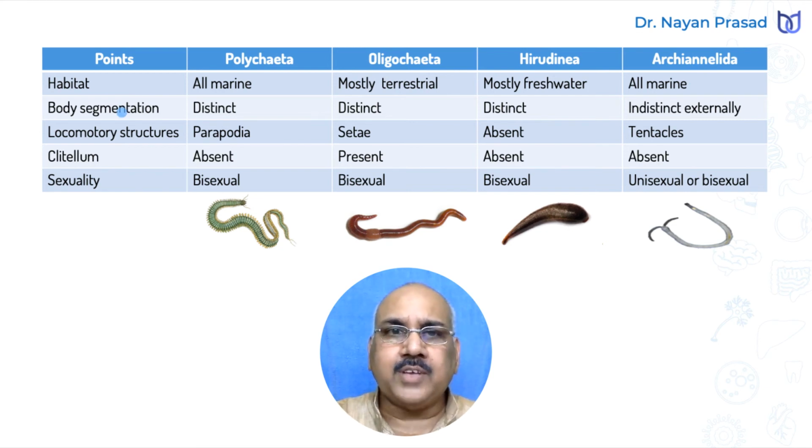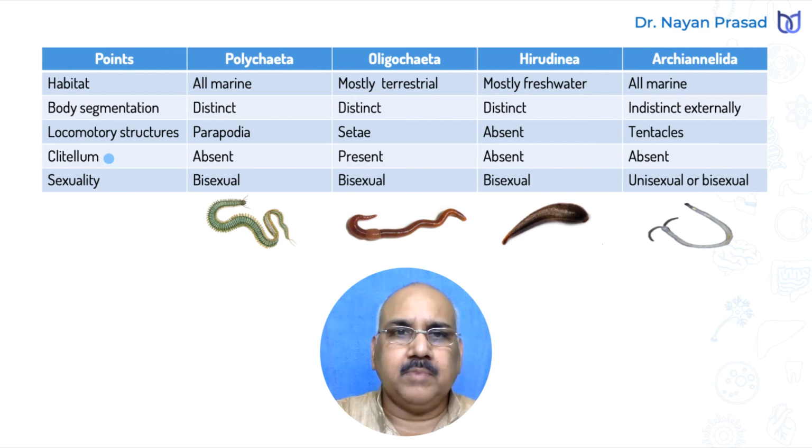From the point of body segmentation, segmentation is distinct in Polychaetes, Oligochaetes, Hirudinea, but indistinct externally in Archiannelida. The locomotory structures are parapodia in Polychaeta, setae in Oligochaeta. Locomotory structures are absent in Hirudinea, but in Archiannelida, tentacles are present. So parapodia, setae, tentacles in different groups, Hirudinea with no locomotory structures.